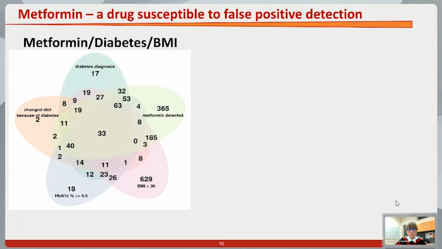And even patients who are changing their diet because of diabetes, but are not reporting on the actual medication usage. So we were trying to understand whether including these, and overlapping those with metformin which is detected, would help us to solve the issue.